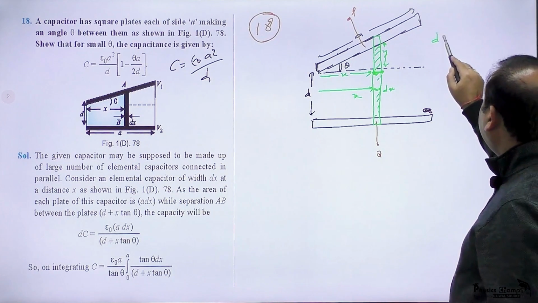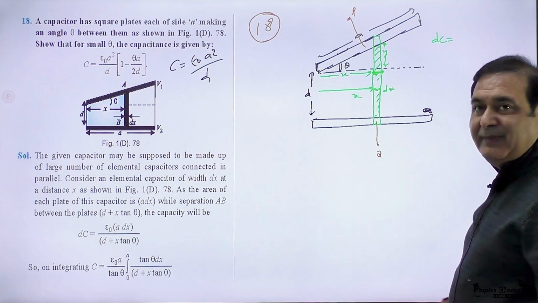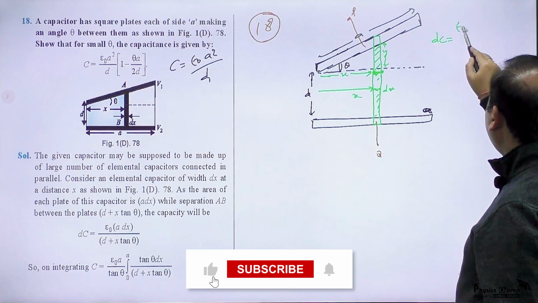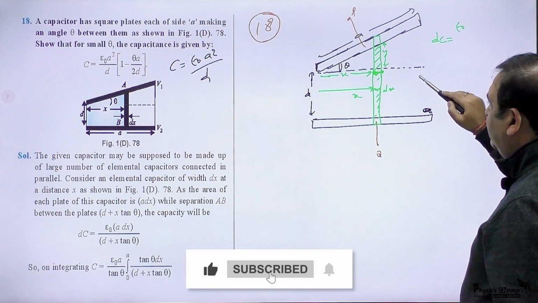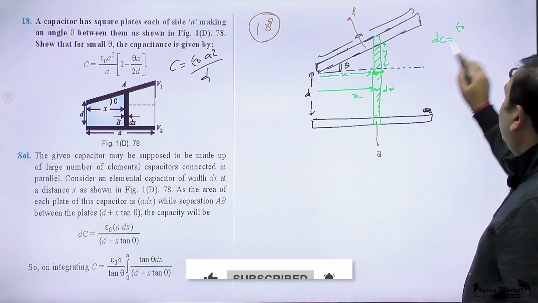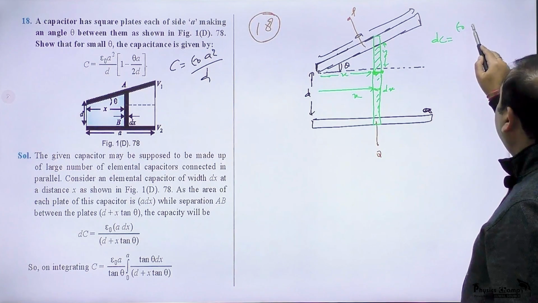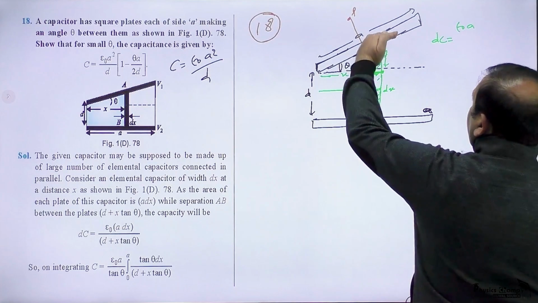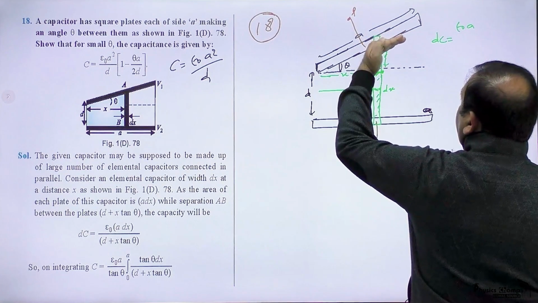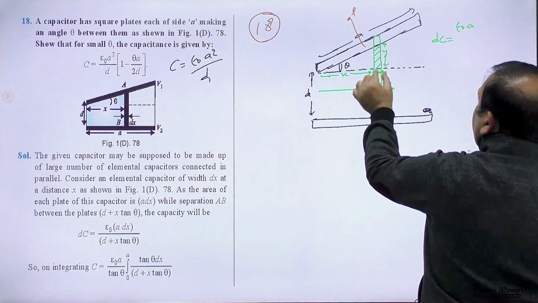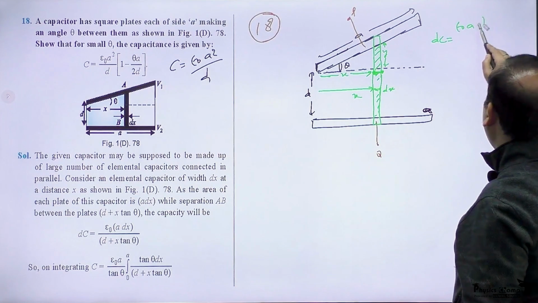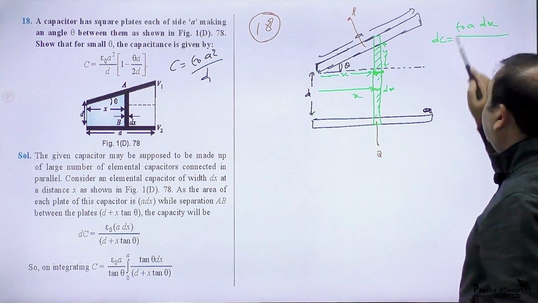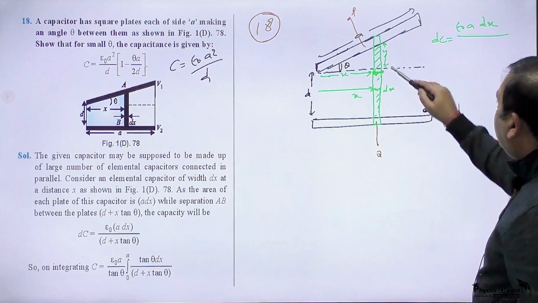The capacitance for this small portion would be epsilon naught a dx by d plus y, because its width will be a only, but its thickness is dx.